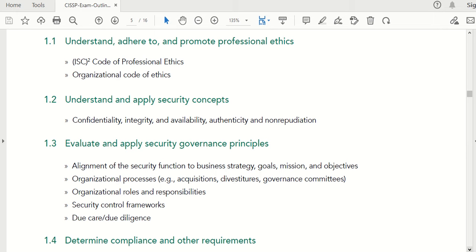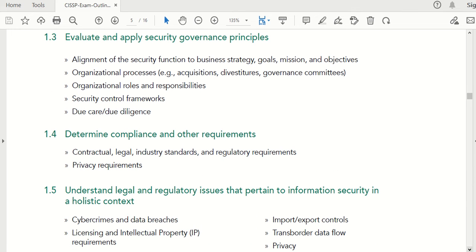We go through these points, what is the difference between due care and due diligence and how it is done. Determine compliance and other requirements: contractual, legal, industry standards, regulatory requirements, and privacy requirements. Nowadays, privacy requirements are one of the key parameters in any cybersecurity course.